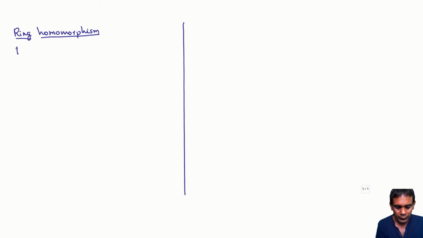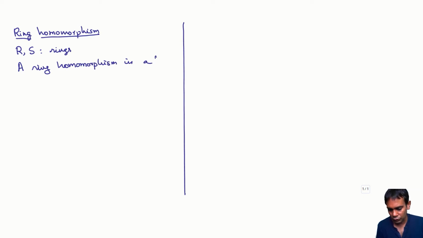So suppose you have two rings, R and S. Then a ring homomorphism is a function phi from R to S, which basically preserves all the structures that are involved in the definition of a ring.